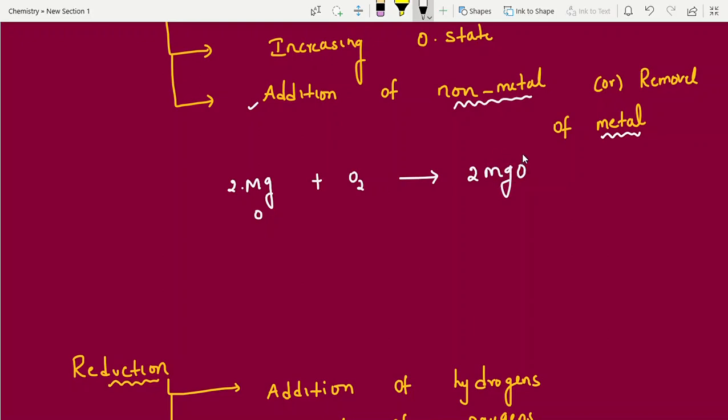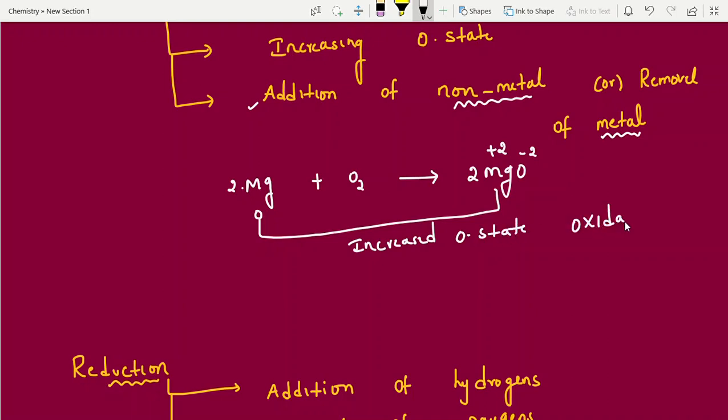On the product side, oxygen is minus 2 in 90% of cases. The remaining 10% you know well. Here minus 2, so this is plus 2, right? 0 to plus 2. Increased oxidation state, right? Increased oxidation state is nothing but oxidation.